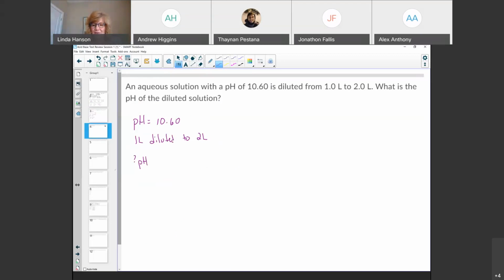Let's think logically, no numbers yet, but if I add water to a solution, I'm diluting the solution. Would you anticipate the solution to become more basic or less basic by adding water?